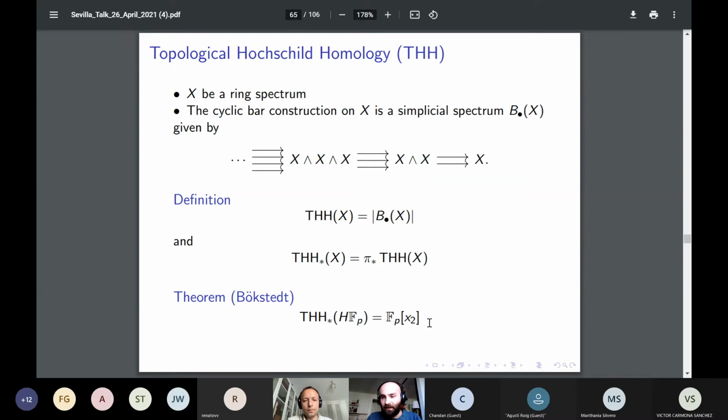I want to note that this THH is at the same time a formal DGA, and we compute the algebraic K-theory of this. One of our main motivations for computing algebraic K-theory of formal DGAs was to compute the algebraic K-theory of THH of HFp.